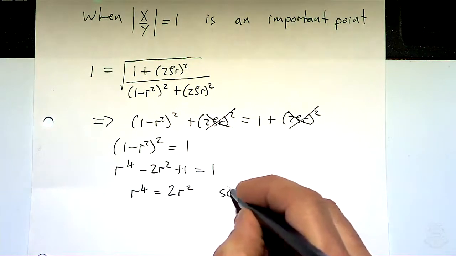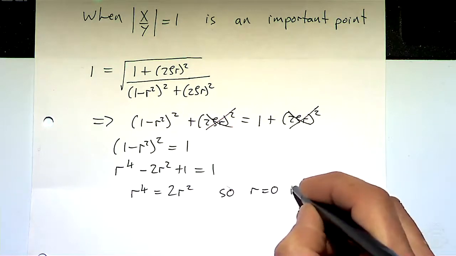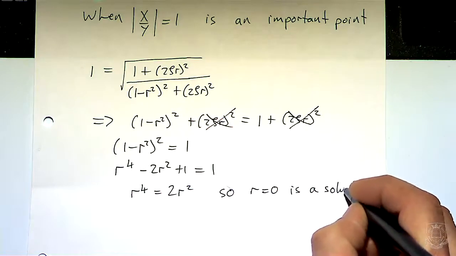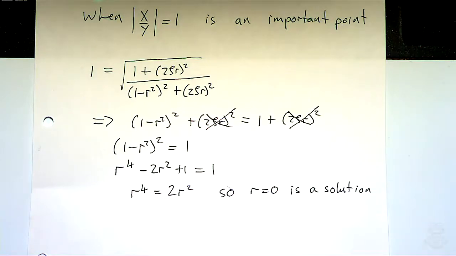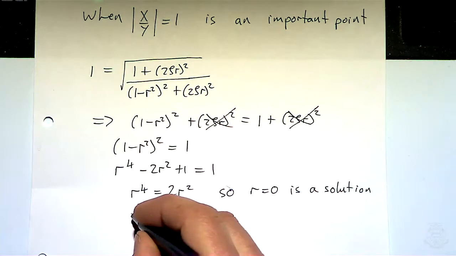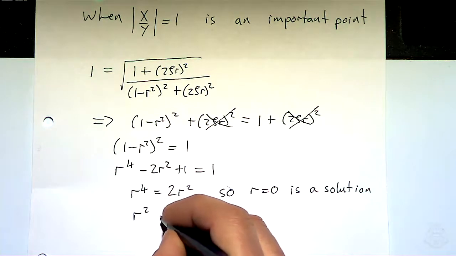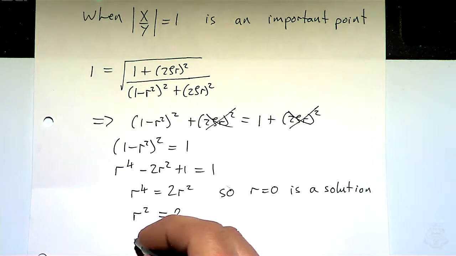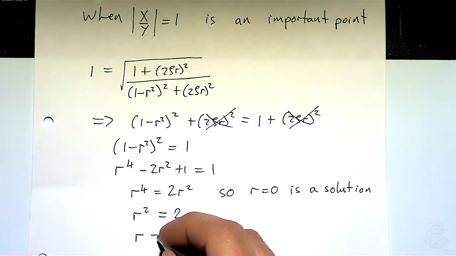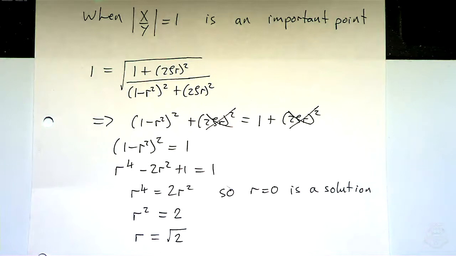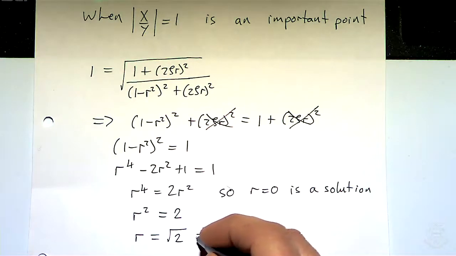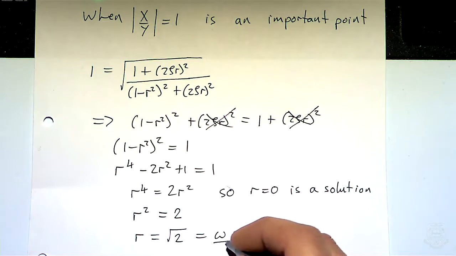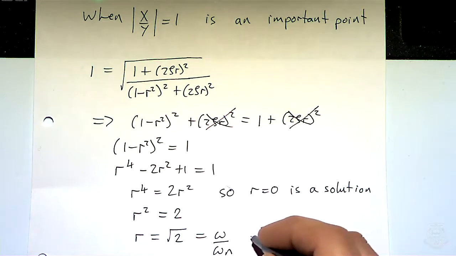And so r equals 0 is a solution. Then, of course, I can divide both sides by r squared, so the second solution is related to r squared equals 2. So r equals the square root of 2. And we know that r is the ratio of omega over omega n.